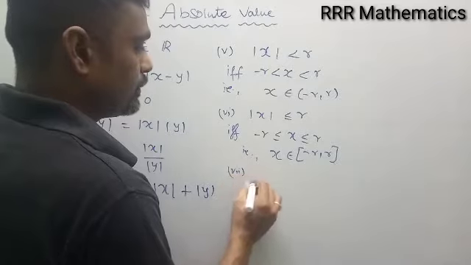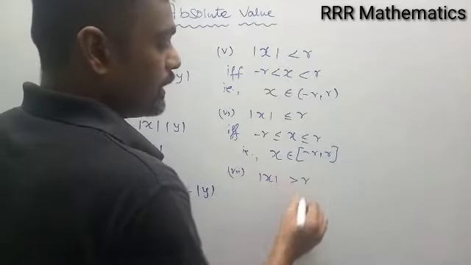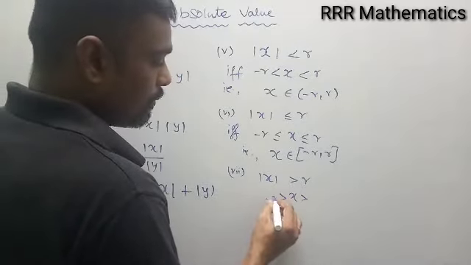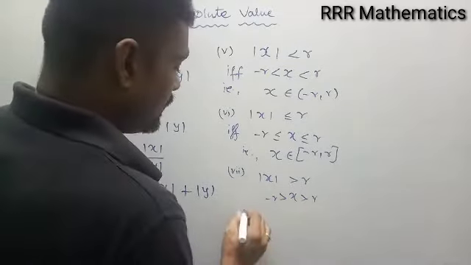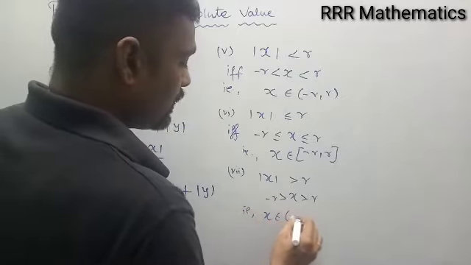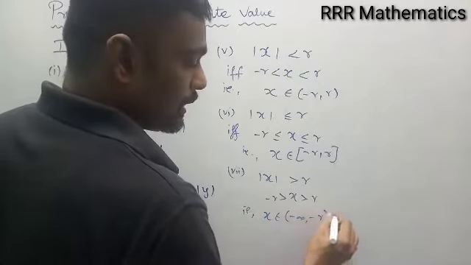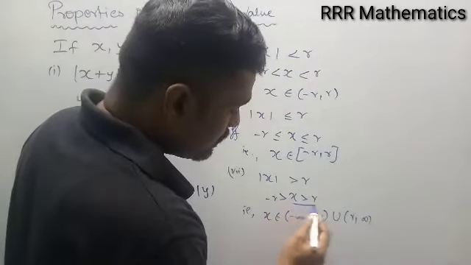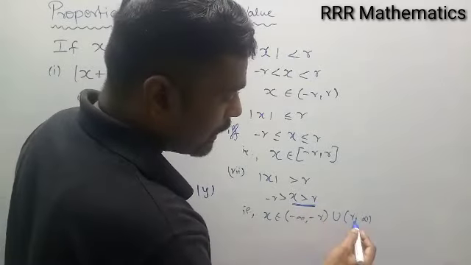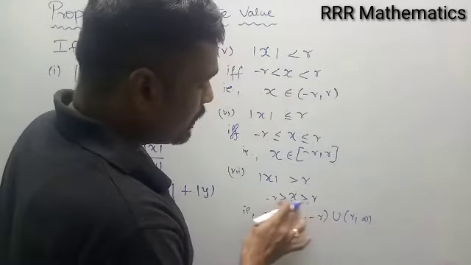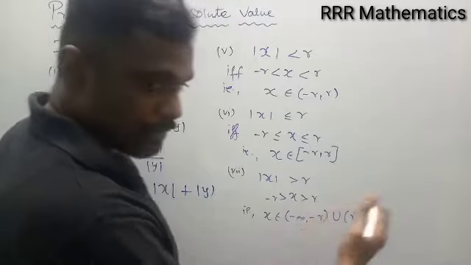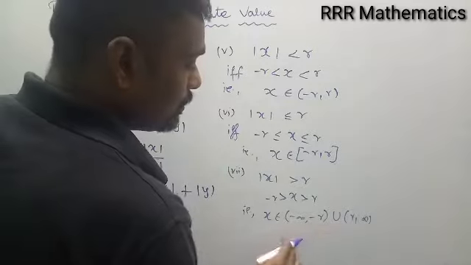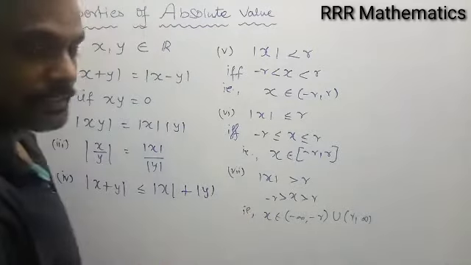Suppose your modulus of x is greater than r, same x, same sign will come here and here, minus to plus. That is your x belongs to minus infinity comma minus r and r comma infinity. When you see separately, this one only x is greater than r, so r comma infinity. Your x is less than minus r, so this side minus infinity to minus r. So when you take the union, these two ranges give the value of x in this case.